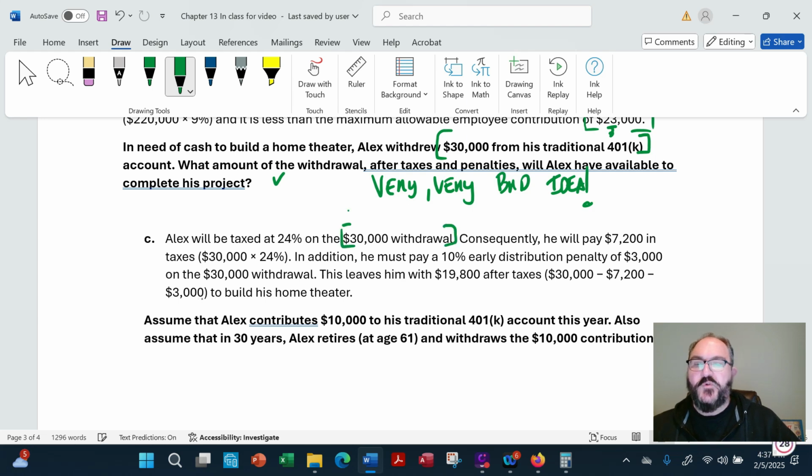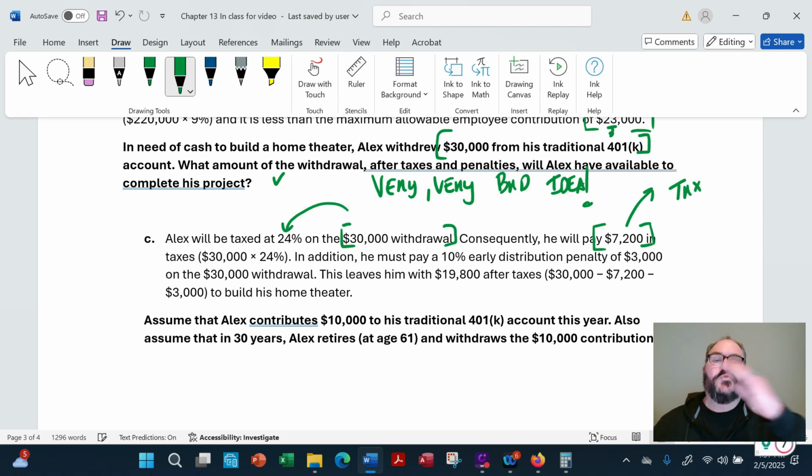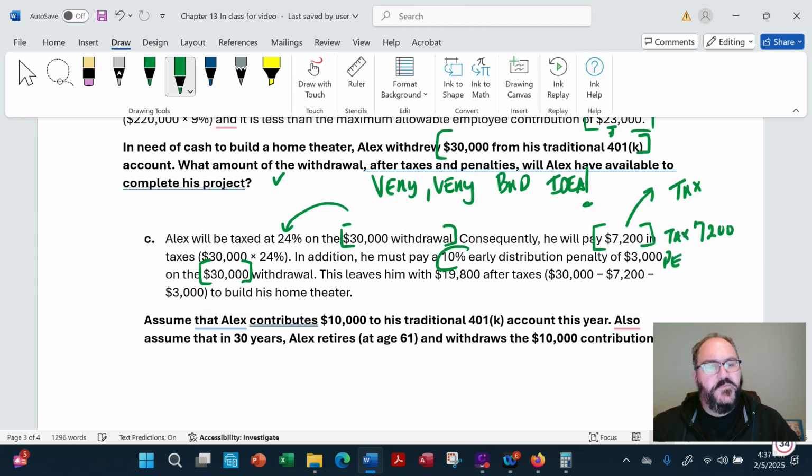So he is going to withdraw it at $30,000. He pays 24% tax. That alone is $7,200. Okay? So we got $7,200. This is in tax, regular tax. Now he's got a penalty because he's withdrawing it early. Right? He's got $30,000 withdrawal times 10% distribution, so we got a penalty of $3,000. Total of $10,200.